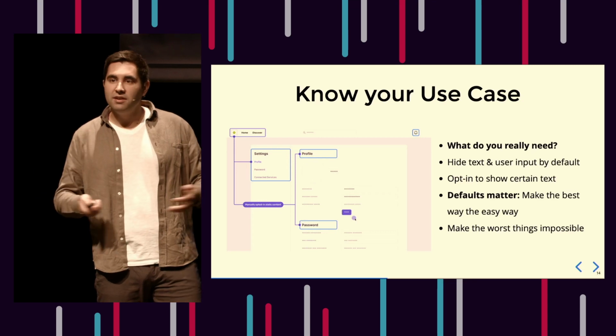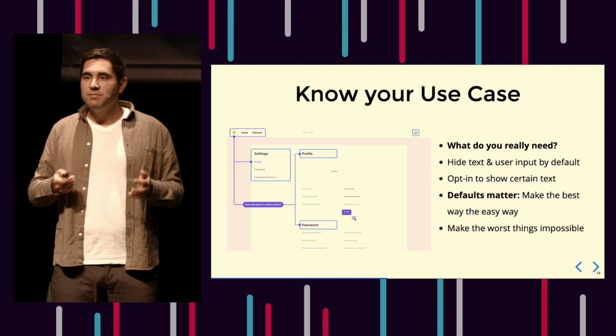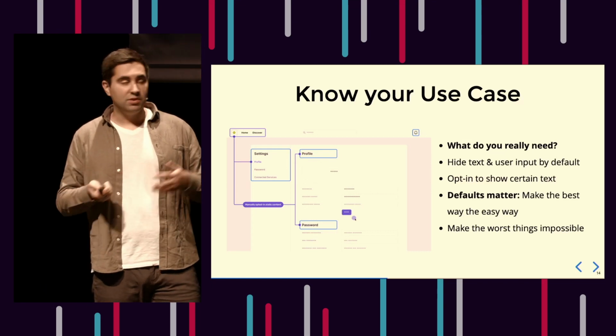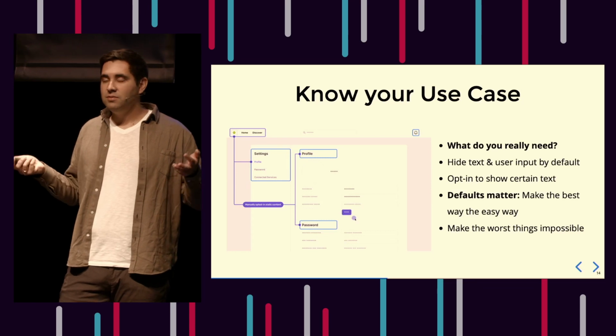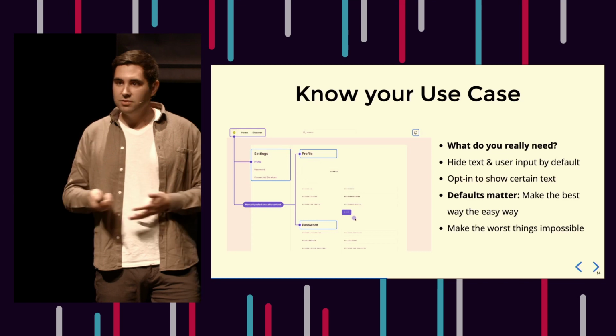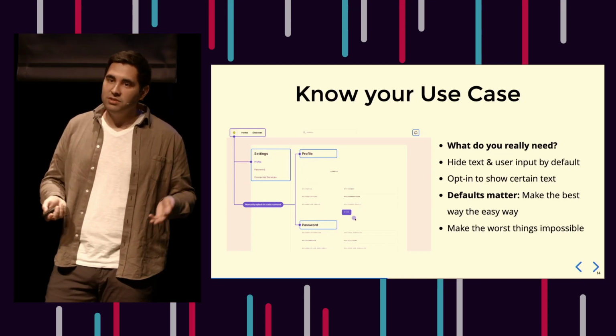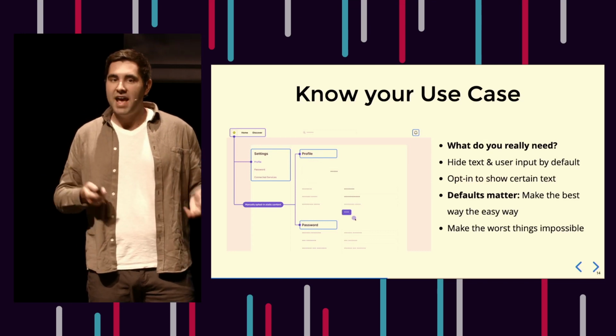So we want to make code configurable and flexible and stuff like this. But some things maybe just shouldn't be possible. So in our case, for example, we decided there is no reason why a developer should ever be able to unmask a password field. We just don't see this. So we made it impossible to do that. And I think this is also valuable to keep in mind that not everything has to be possible.